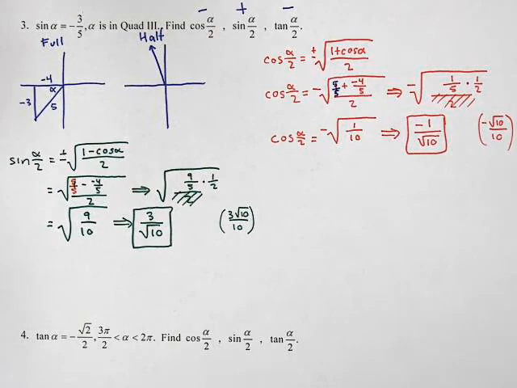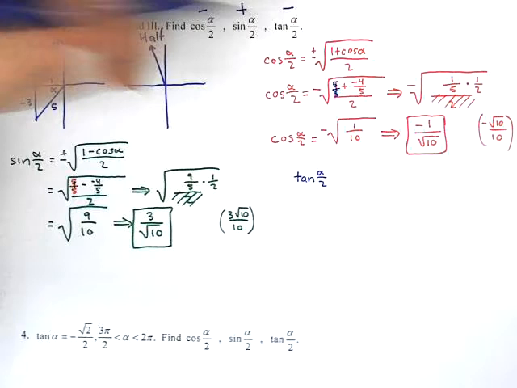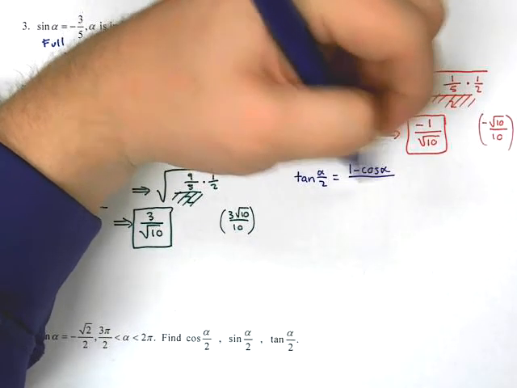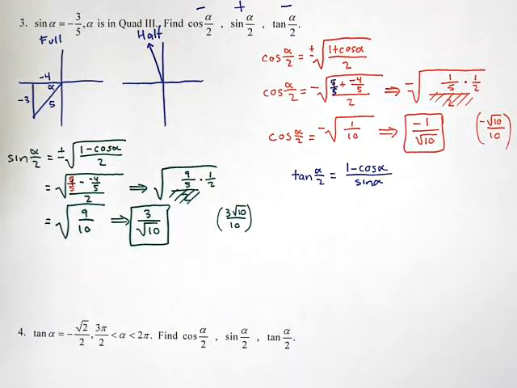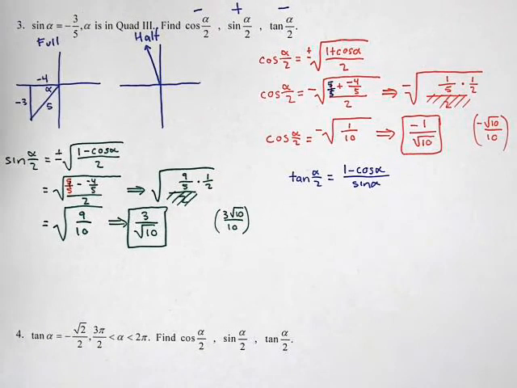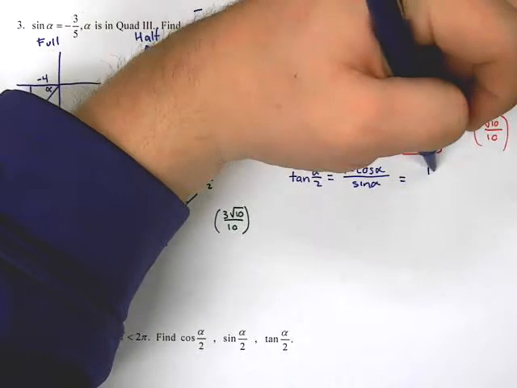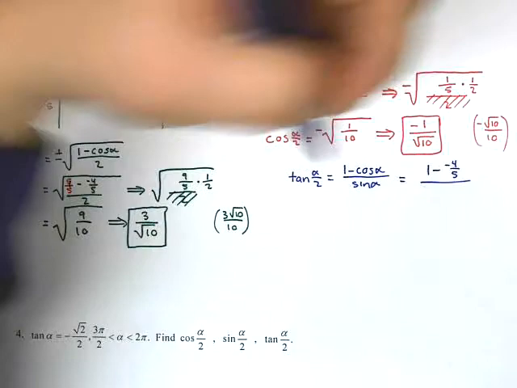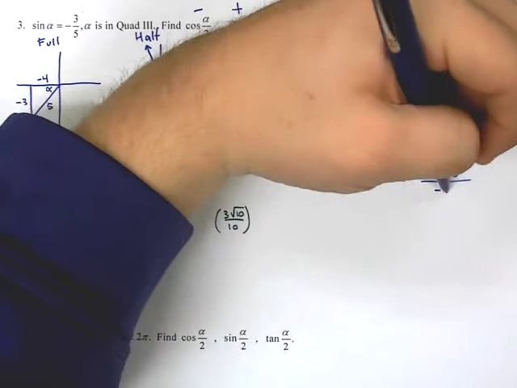Okay, now that looks good. Tangent. We're going to go 1 minus cosine alpha all over sine alpha. That's the formula we want to use. If you don't believe me, go back to the page before. Let's start plugging some stuff in. This is 1 minus negative 4/5 all over sine, which is negative 3/5.